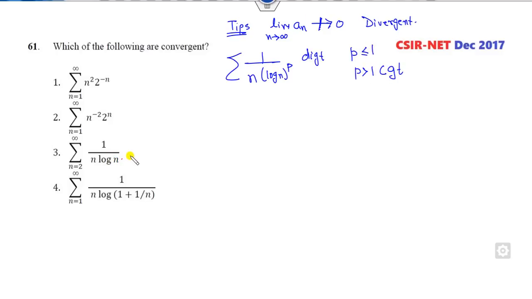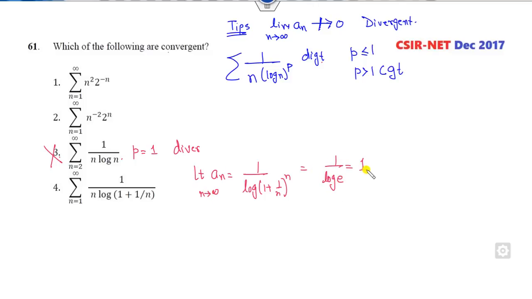So if you compare from here, p is 1, which is divergent, but we need a convergent. This option is cancelled out. Look at this term. If I write the last term as 1 plus 1 over n to the n, then consider n approaches infinity. What is that? This is log of e, which is 1, which is not 0. So as per these steps, this is also divergent.